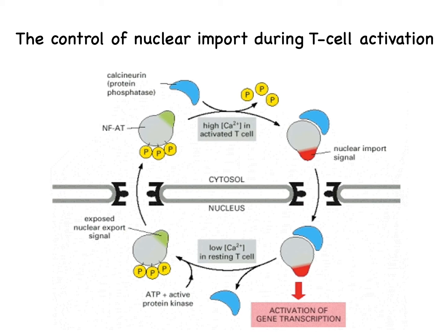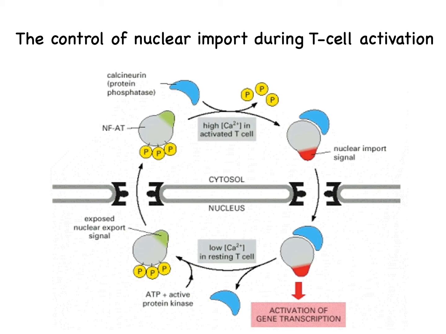and then it can bind to DNA and activate transcription. Now, if you lower calcium levels in the cell, then the protein gets phosphorylated, and then it is removed from the nucleus through a pore, again by an active process.